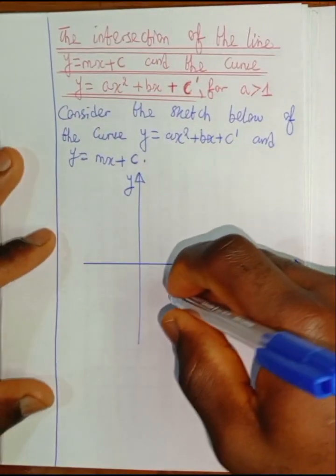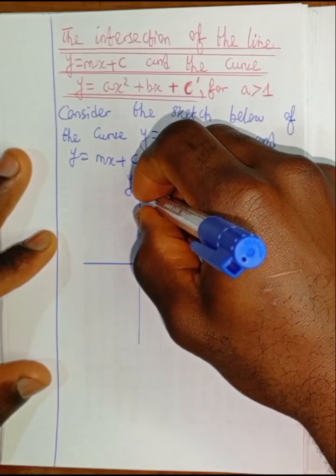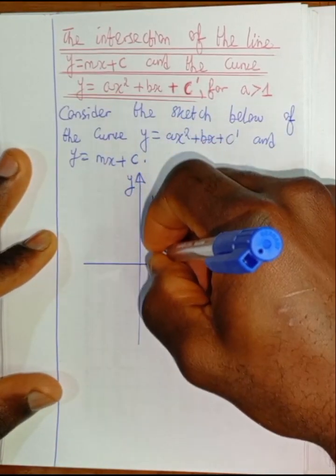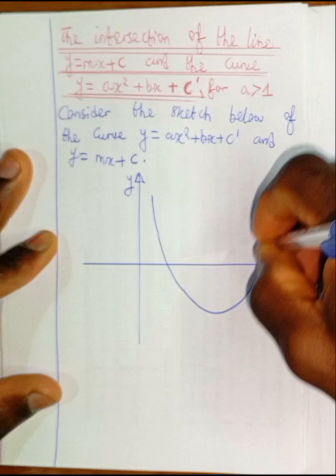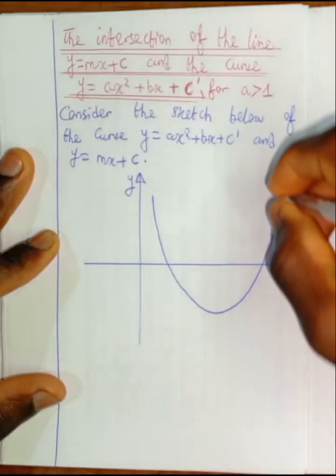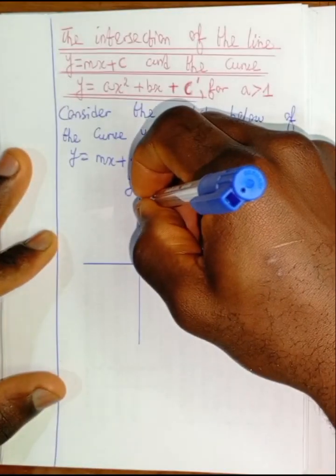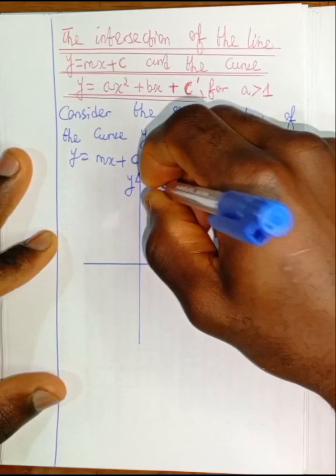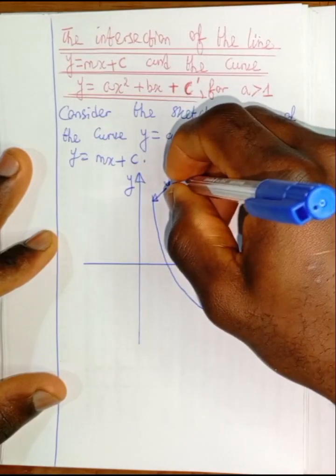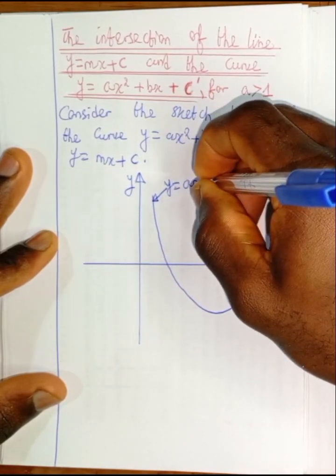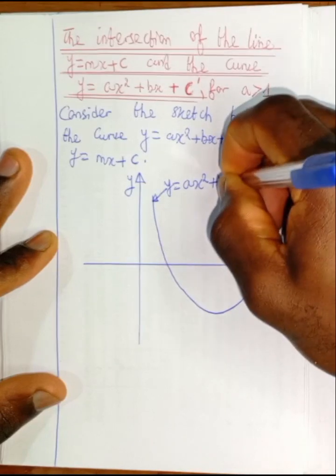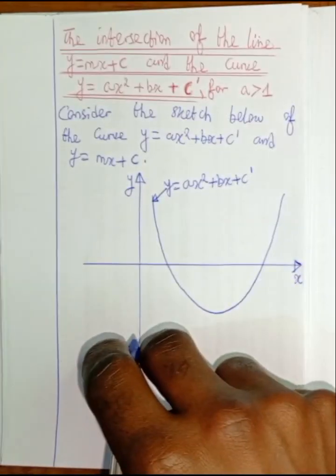So let's draw a parabola. We have something as such. So this is the curve of y equal to ax squared plus bx plus c prime.